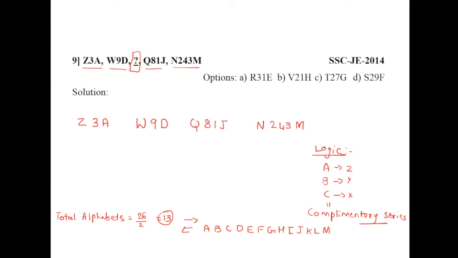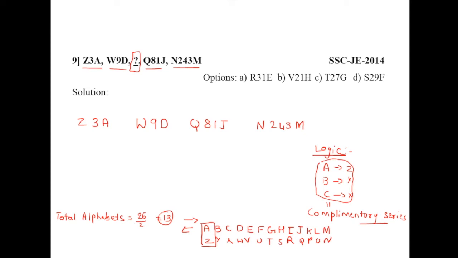After 13, N should be written below M: M, N, O, P, Q, R, S, T, U, V, W, X, Y, Z. For A the complementary is Z, for B it is Y, for C it is X, which I have already explained. The same logic you have to use here.